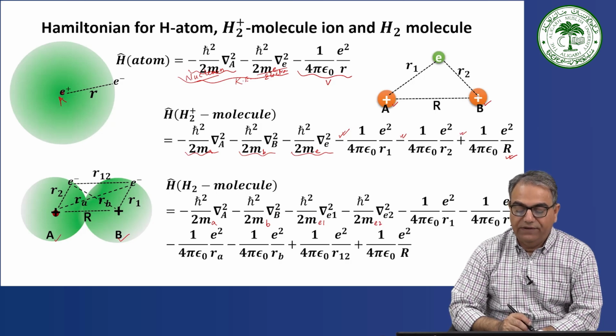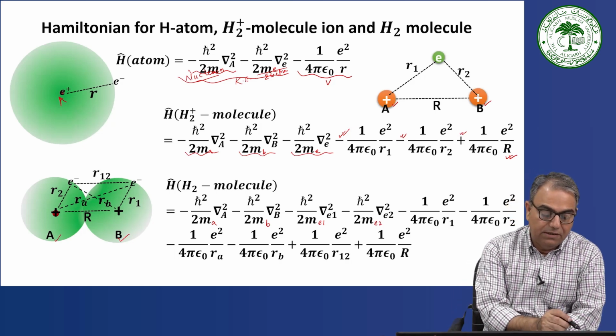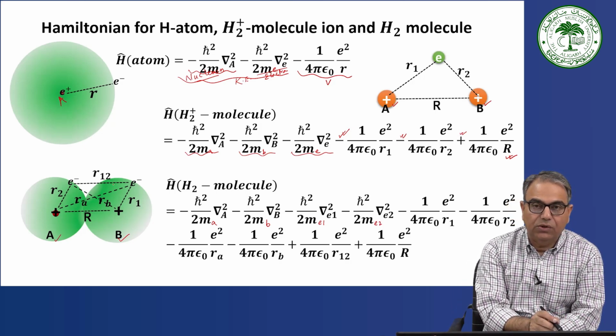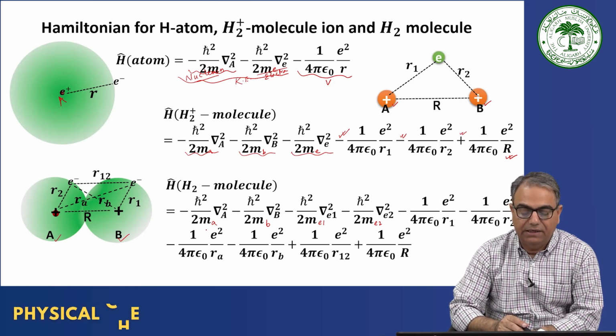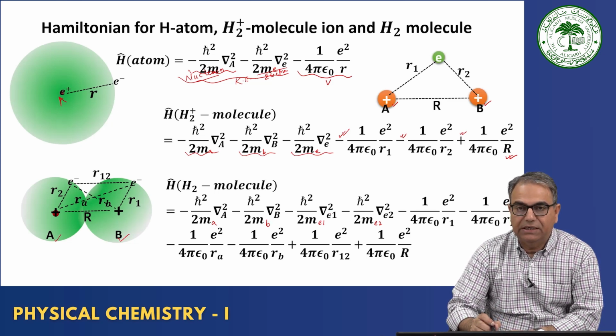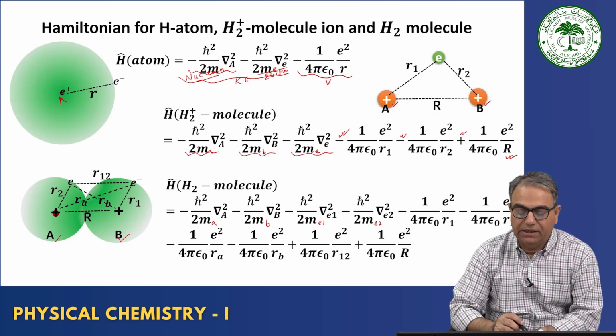So we have 4 particles, 2 nuclei and 2 electrons, so I have written 4 kinetic energy terms. The first is the kinetic energy for nucleus A, second for nucleus B, third for electron 1, and fourth for electron 2. So we have these 4 terms for the kinetic energy.